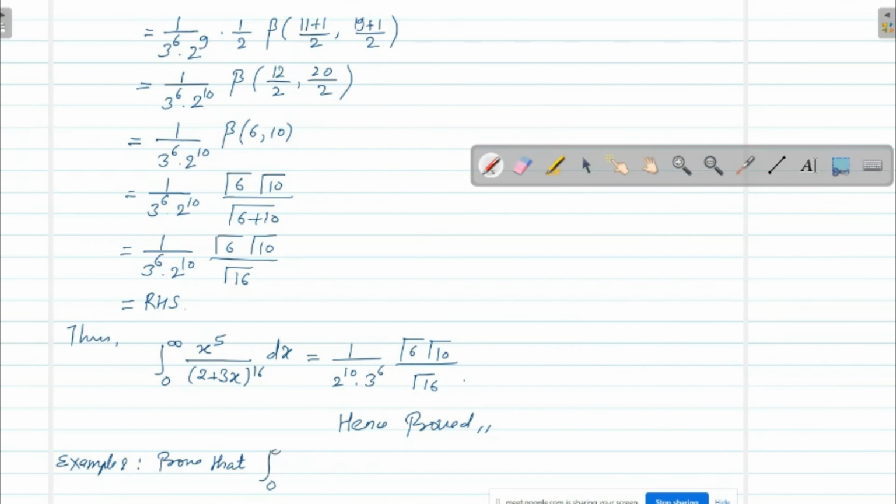Integration of limit 0 to infinity x raised to 4 into 1 plus x raised to 5, and divided by 1 plus x raised to 15, dx, and this equals 2 times 4 factorial into 9 factorial divided by 14 factorial.